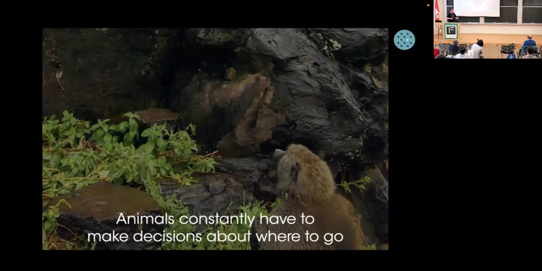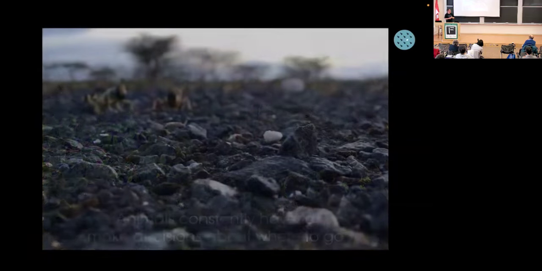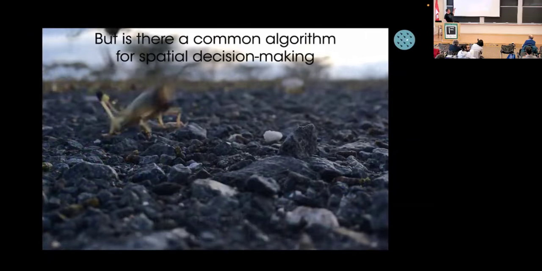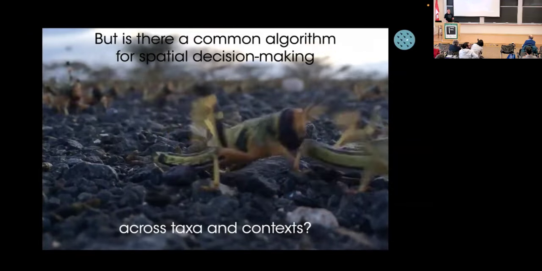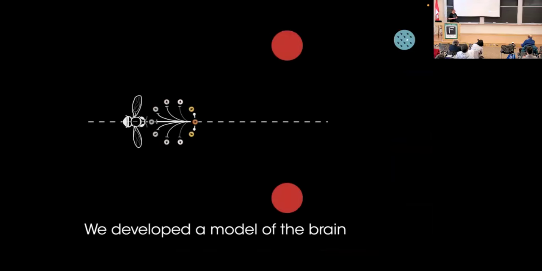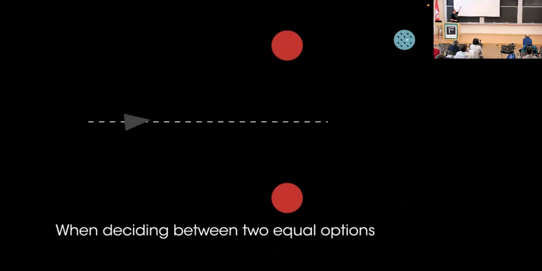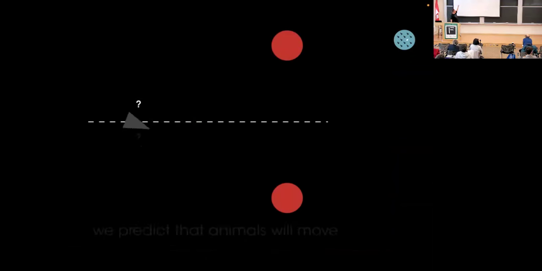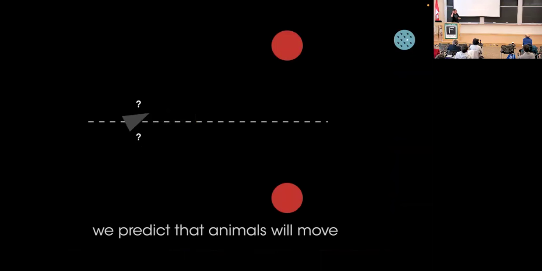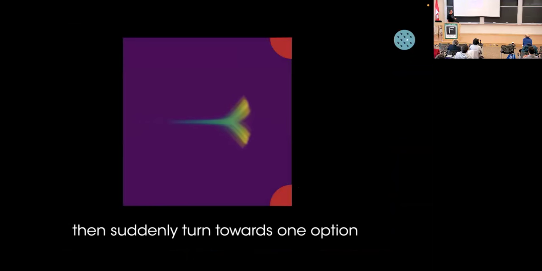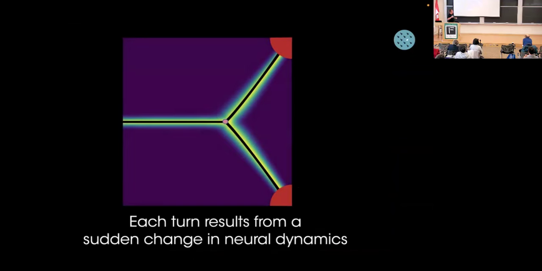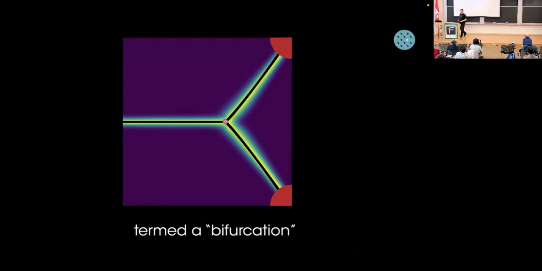And all animals at some point in their life have to make decisions about where to go. So what we want to ask is, are there common algorithms for spatial decision-making across taxa and contexts? So if you take the ring attractor model and you ask how this embodied process works, as I showed you with that one example, and now you're going to see thousands of examples as a heat map, you can see that the prediction is that the brain will average the inputs up to a critical geometric angle, and then the symmetry will be broken in the brain, and the animal will choose to go one way or the other.